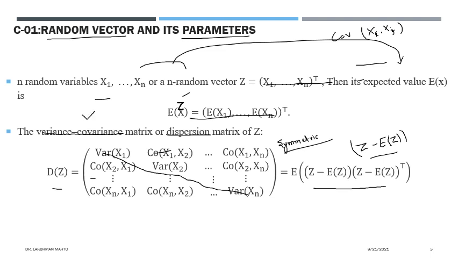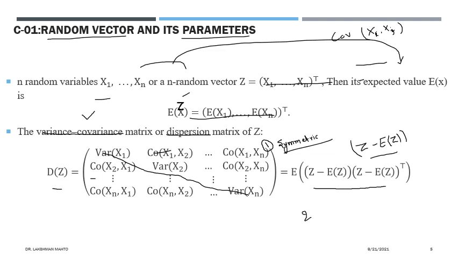So that's why this variance covariance matrix is a very special kind of matrix. The first property is symmetricity. Now the second property comes from here. If you take the outer product of any vector, then the result is a matrix, and that matrix would always be a positive semi-definite matrix.